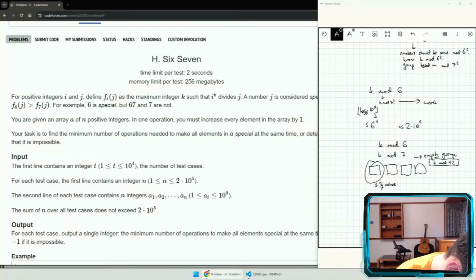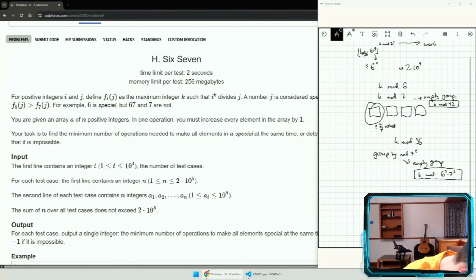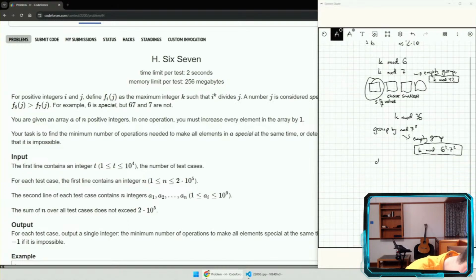In this case, now if I've gone down this branch, I've got k mod 36, I group mod 7 squared. If I've got an empty group, then I know what k mod 36 is, and I don't know what k mod 6 squared times 7 squared is. But now, if I don't have an empty group, again, I can choose. Otherwise, choose smallest again.